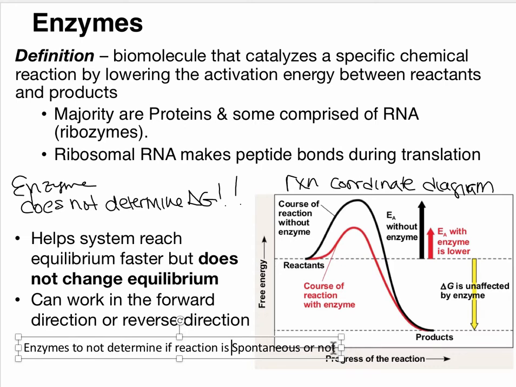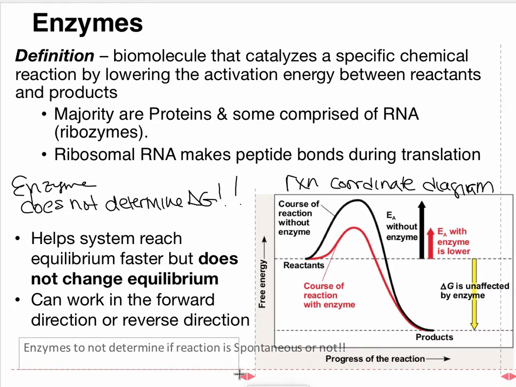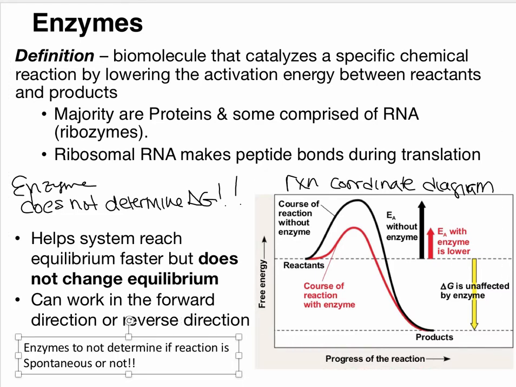This is very, very important. They are just going to speed up the rate of the reaction, not whether it will occur or not. That is determined by the free energy, in regards to what we've learned so far, delta G equals delta H minus T delta S, right?